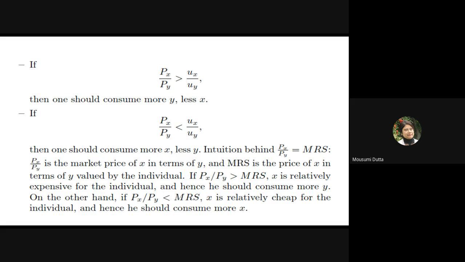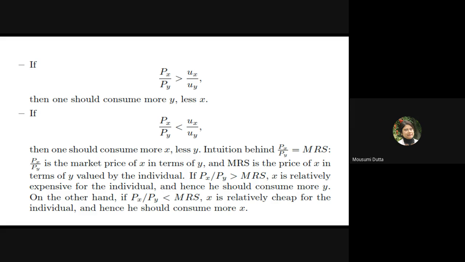Intuition behind Px by Py equal to MRS: Px by Py is the market price of X in terms of Y, and MRS, which means Ux by Uy, is the price of X in terms of Y valued by the individual. So the left hand side is how much you are paying, and on the right hand side you are judging the worth of the commodity to you.